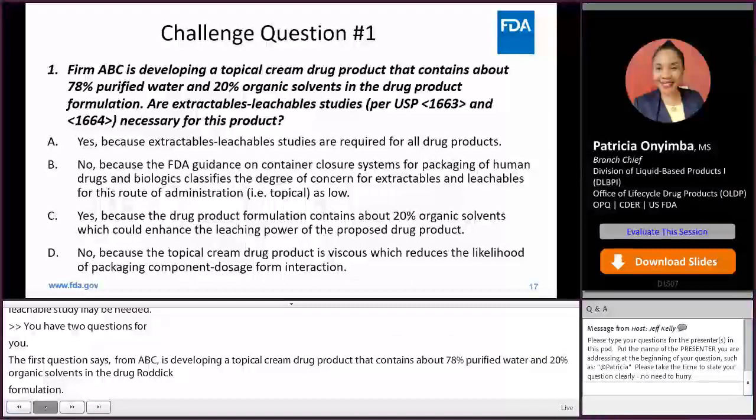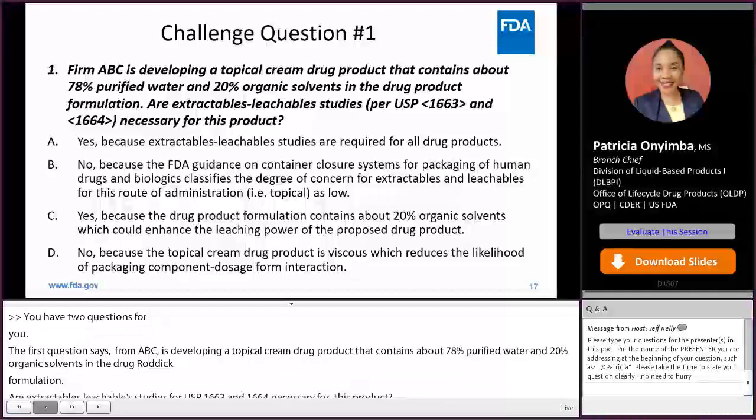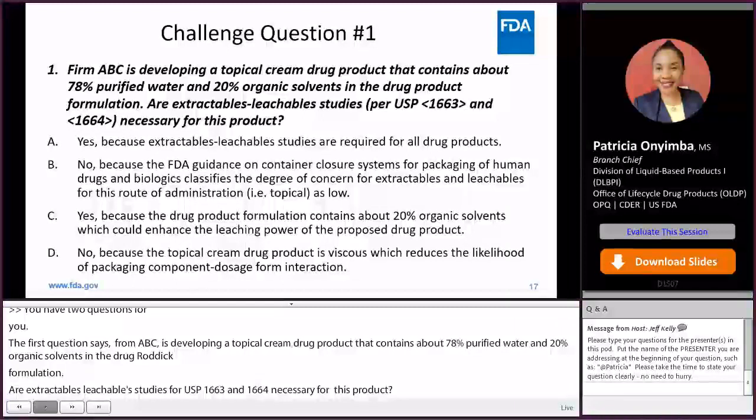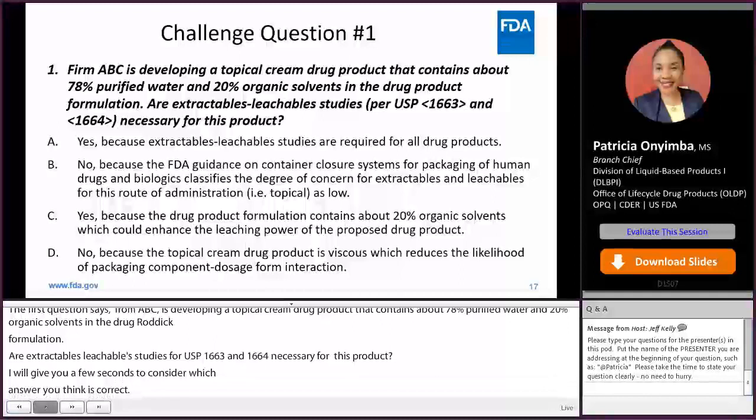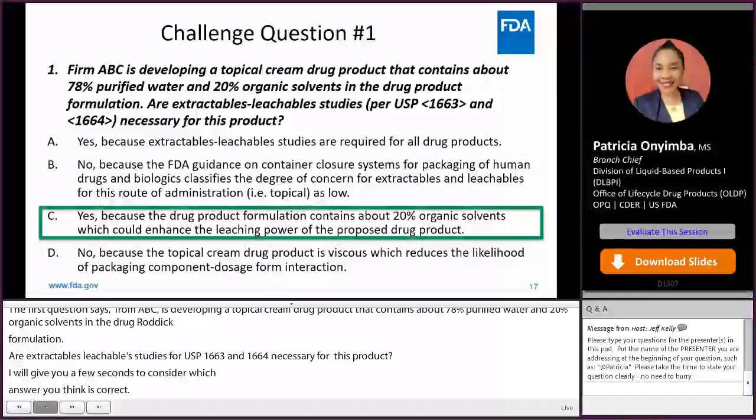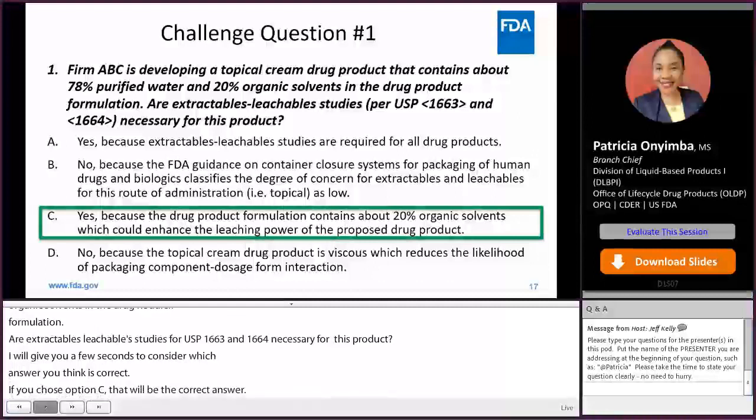Are extractables leachable studies for USP 1663 and 1664 necessary for this product? I will give you a few seconds to consider which answer you think is correct. So if you chose option C, that will be the correct answer.